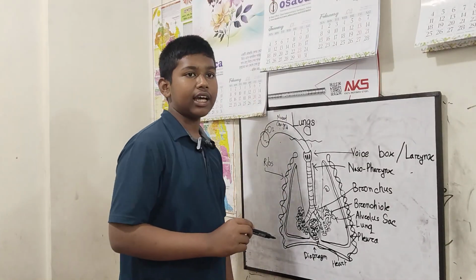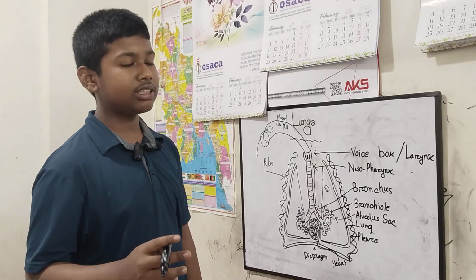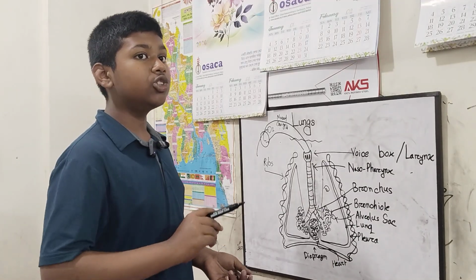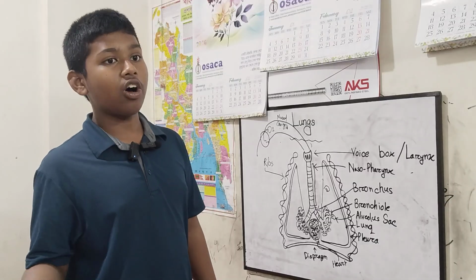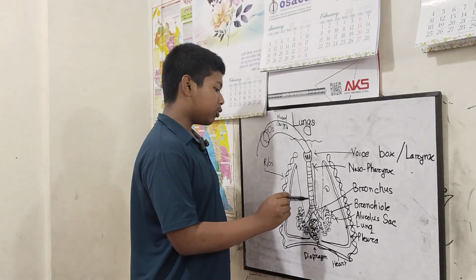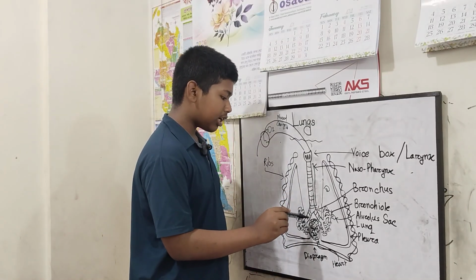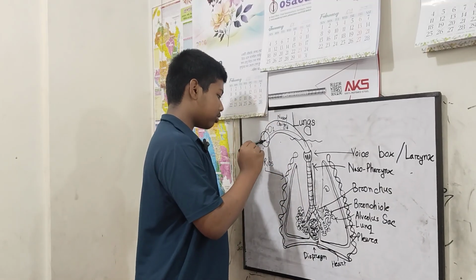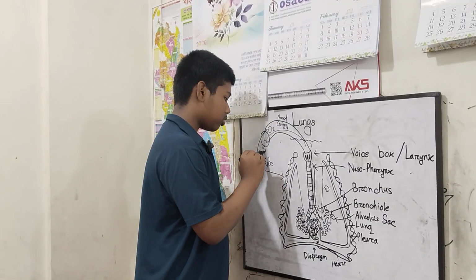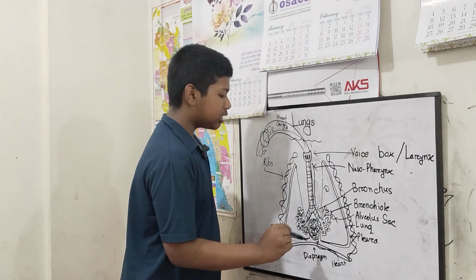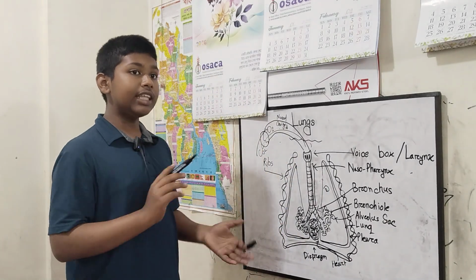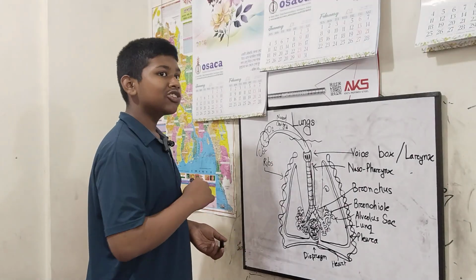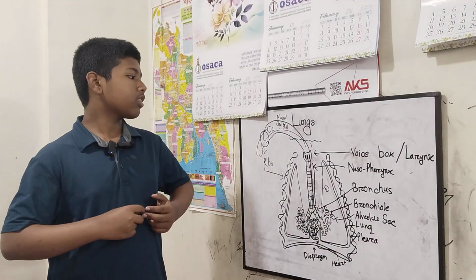These alveolar sacs contain special nutrients which process O2 into CO2, or carbon dioxide. So we get O2 here, and then CO2 retreats back. The process in which O2 gets in is called inhalation, and the process in which CO2 gets out is called exhalation.